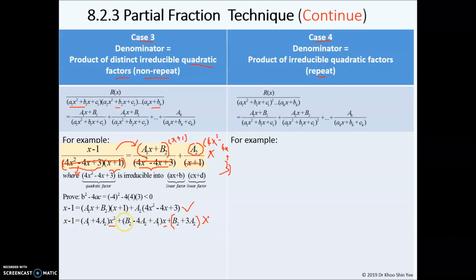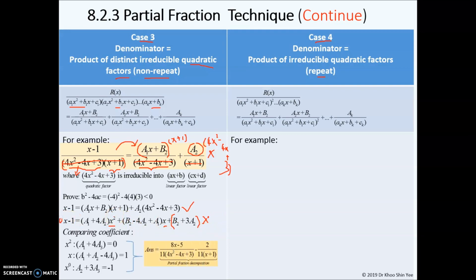Comparing both sides, for x squared, you get 0 here. So therefore, your a1, 4, a3, there is a typo here, so I have corrected it. This should read a2. So a1 plus 4a2 should be equal to 0, which is the first equation.